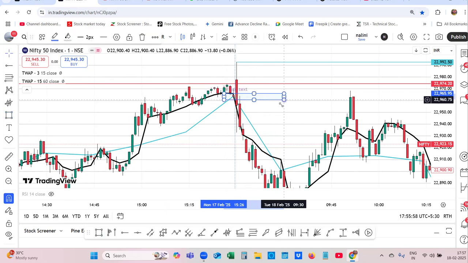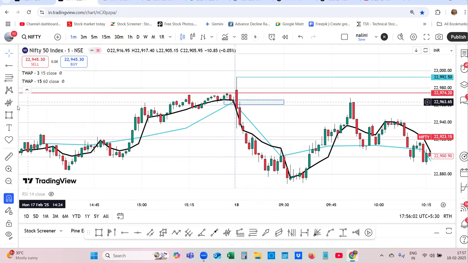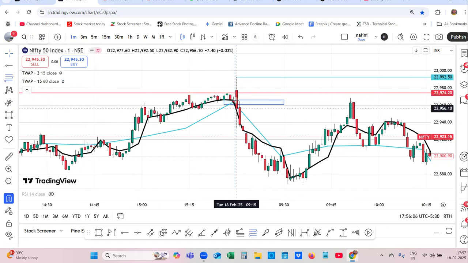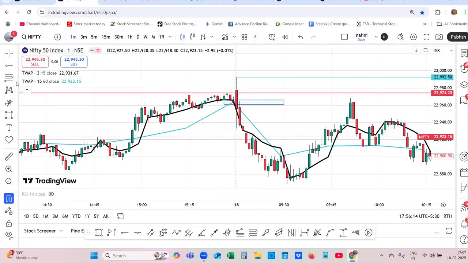You can start taking the trade by placing the stop loss.